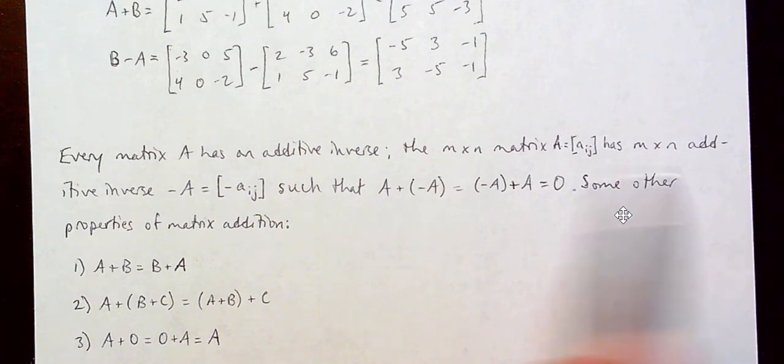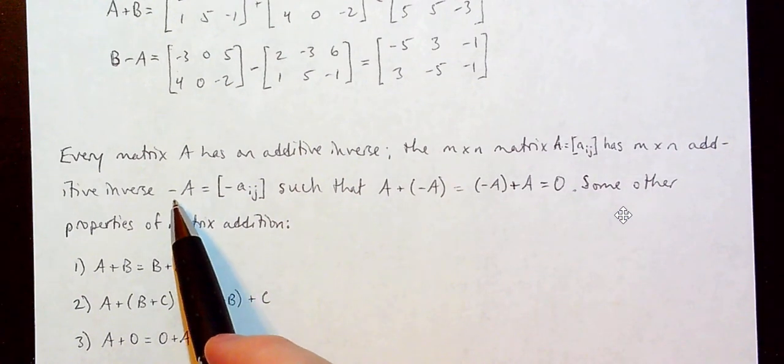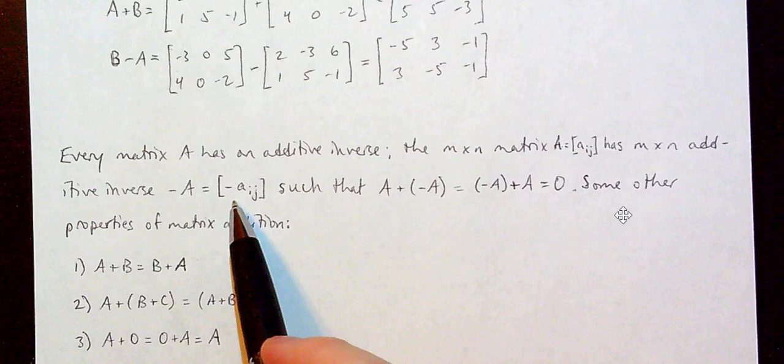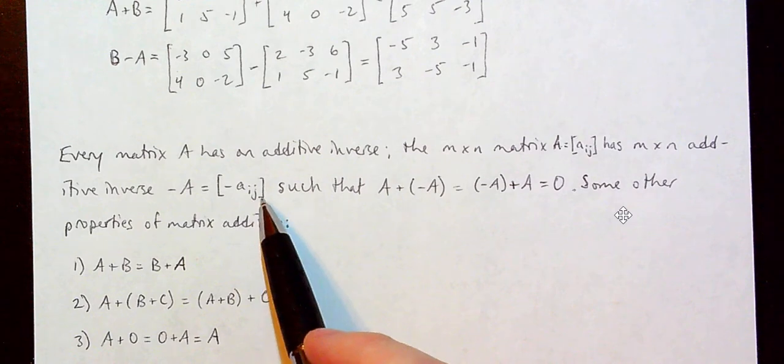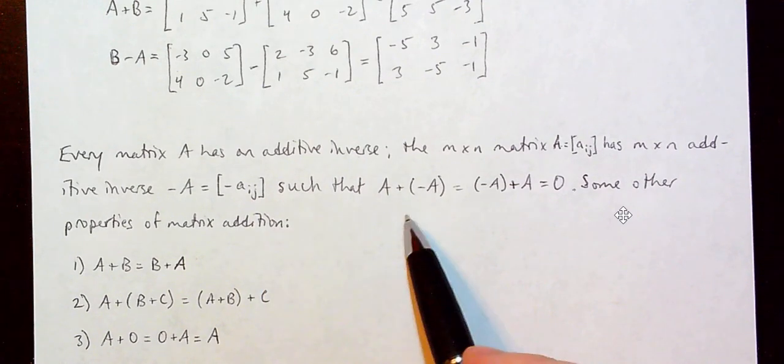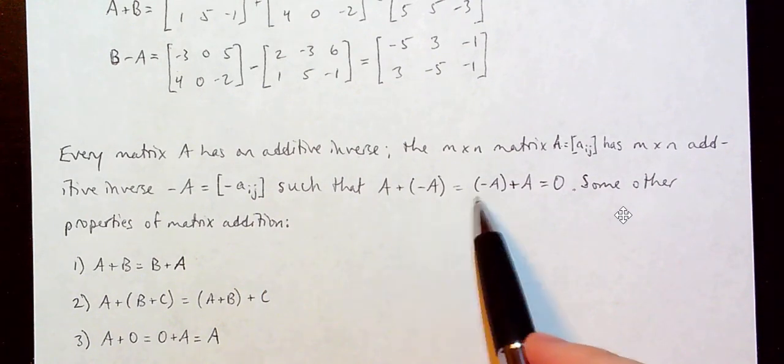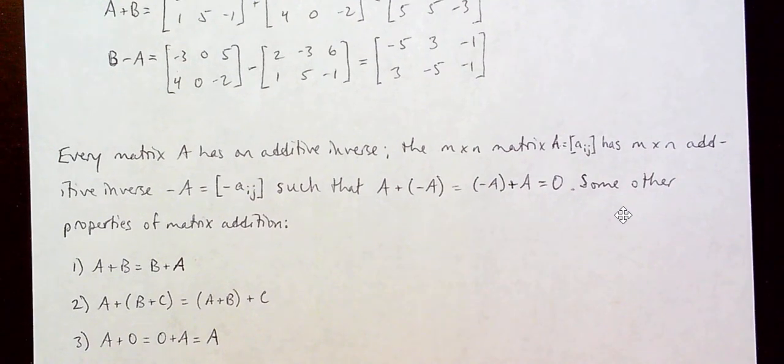It's m by n, and we write it as -A. What it really is is just the negative of the corresponding elements in the given matrix capital A. And when you add these two matrices, no matter which way you add them, you get your 0 matrix.